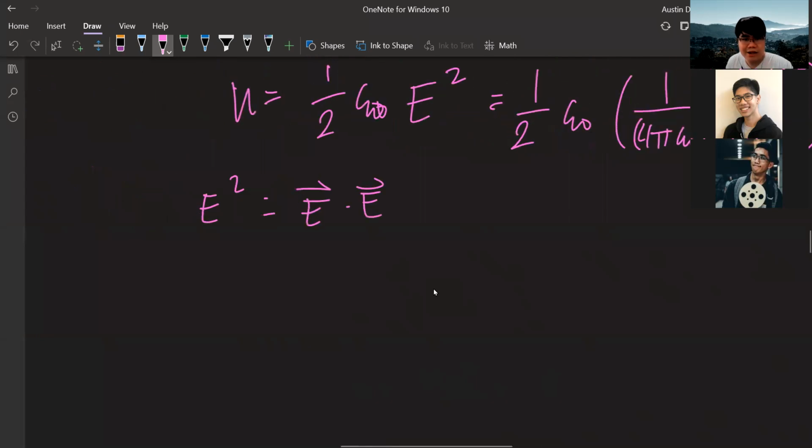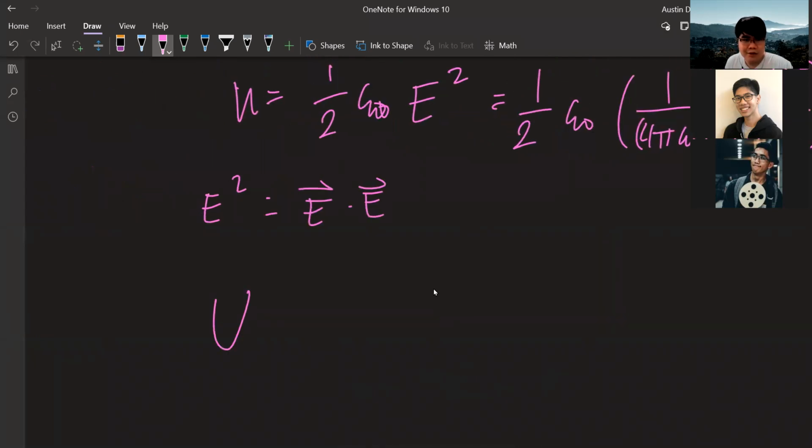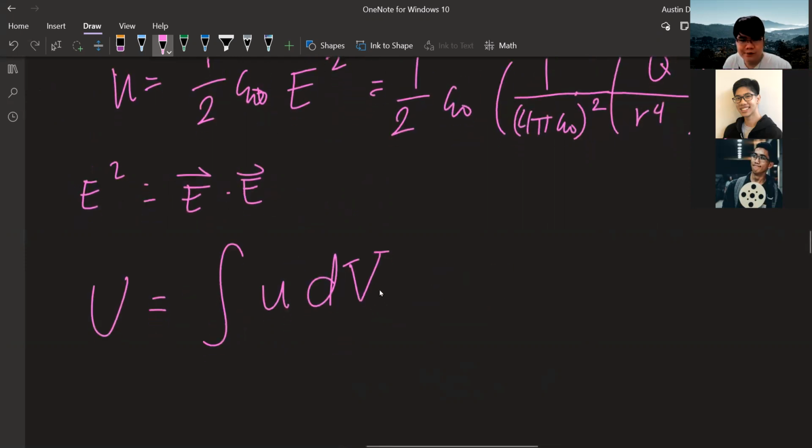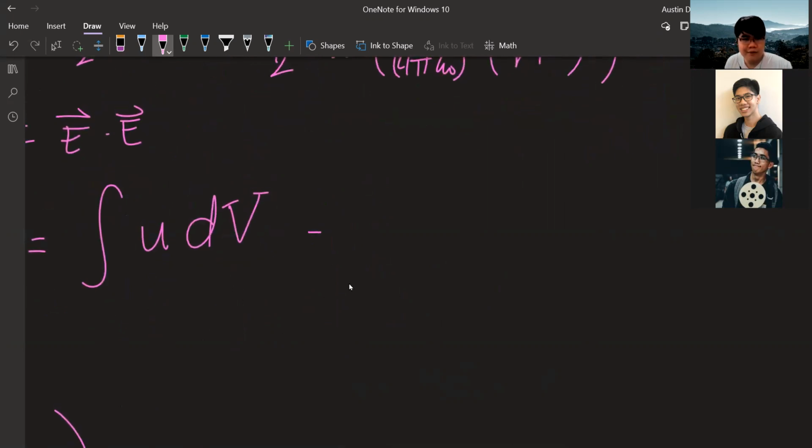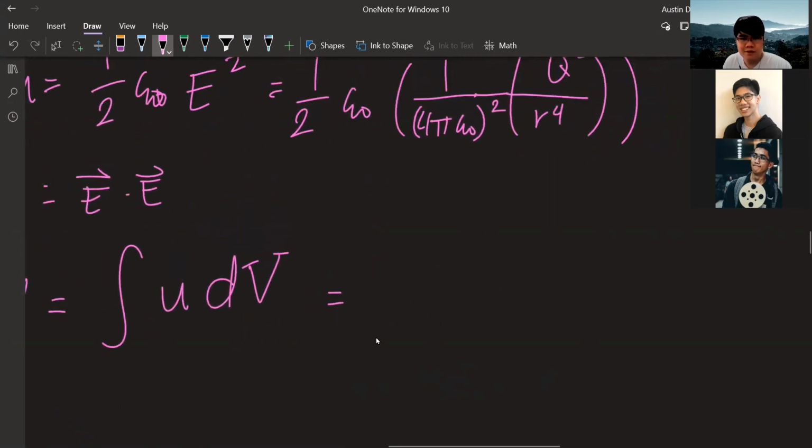So to get the total energy, you have to integrate u with the total volume. Okay, so V here is volume. Total volume. And to do that, okay, so listen closely.